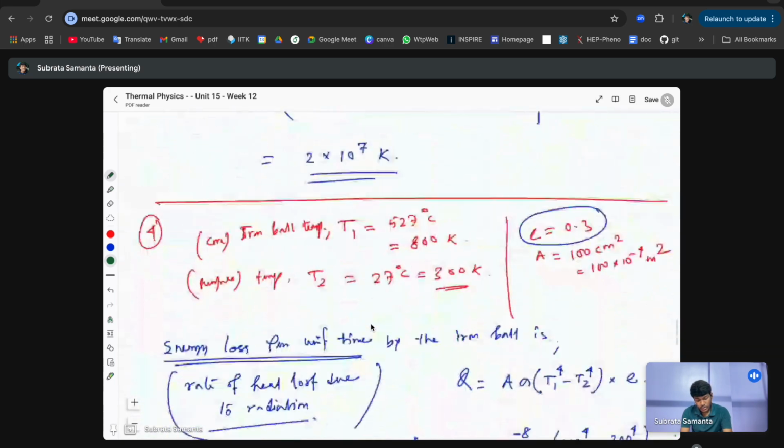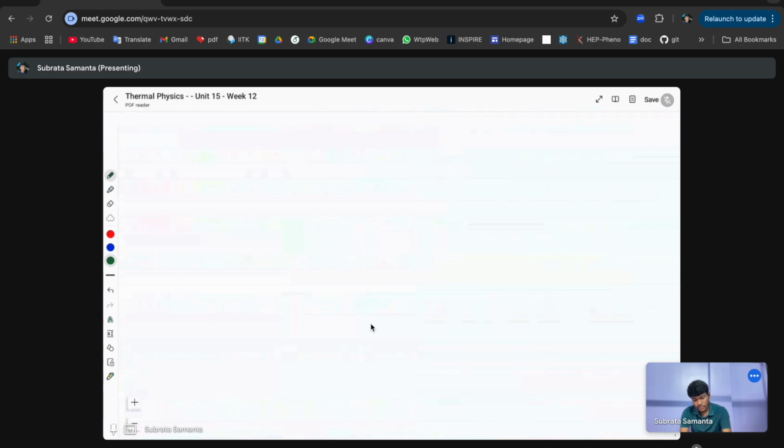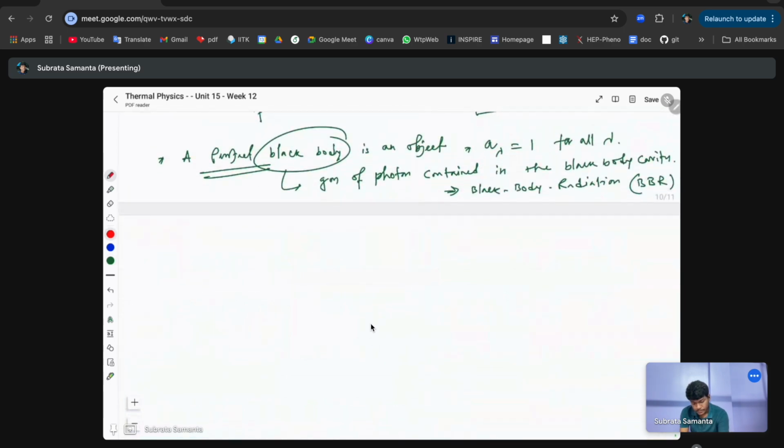So for black body radiation, the free energy F is minus 4 sigma over 3c times T to the power 4. This is the free energy.